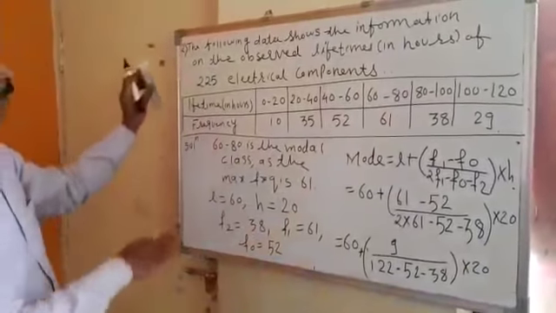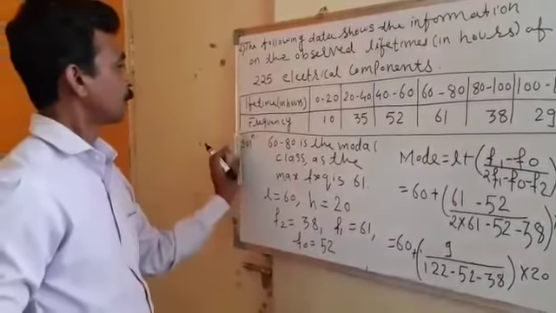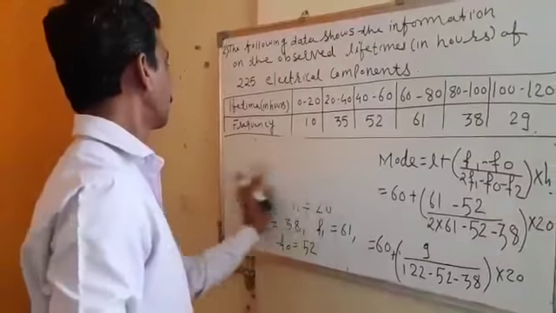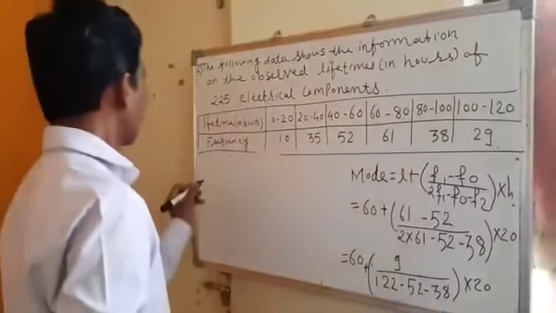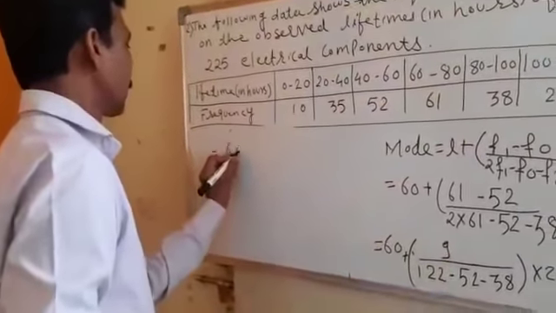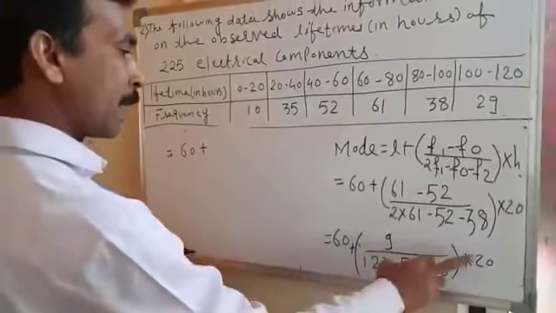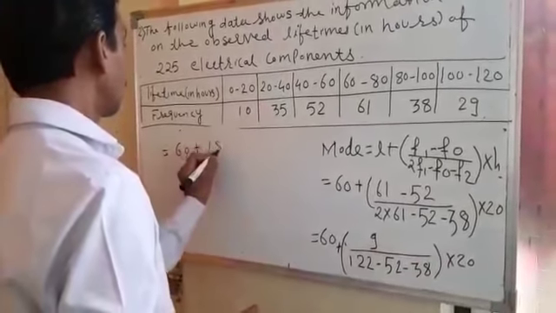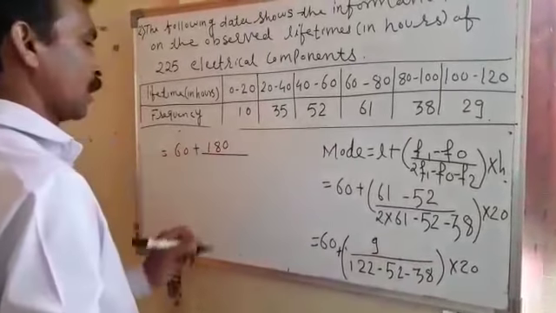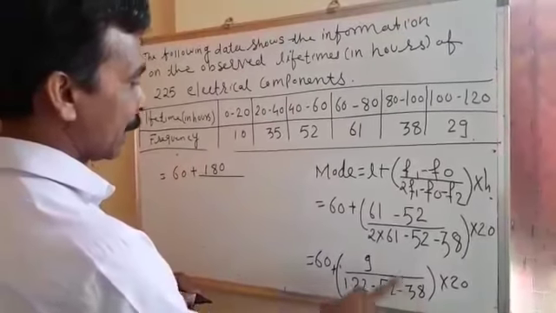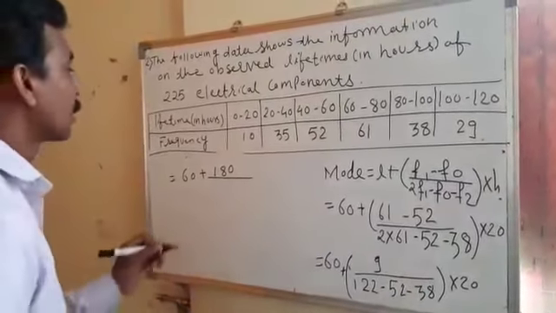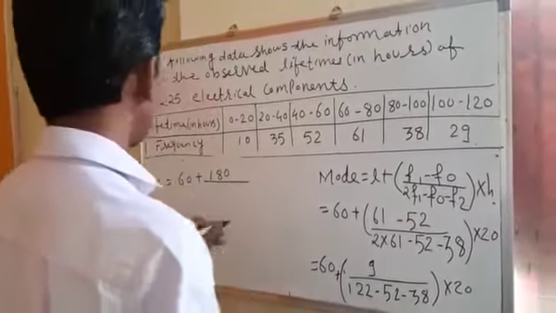This, and then I will solve here. Is equal to 60 plus 9 into 20 is 180 upon 122 minus 52 minus 38. Let's see, I will write here and then I will drop.